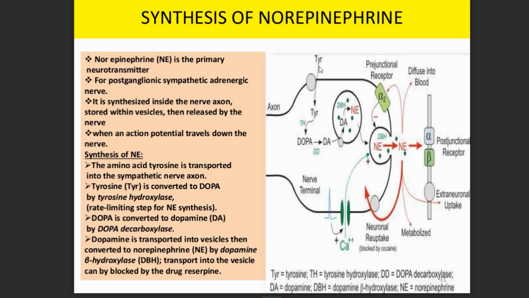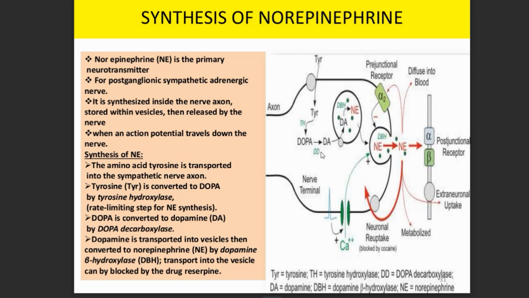First, there is tyrosine trapping inside the neuron. Then the tyrosine is converted into dopa by tyrosine hydroxylase. Again, dopa will be converted into dopamine by dopa decarboxylase.